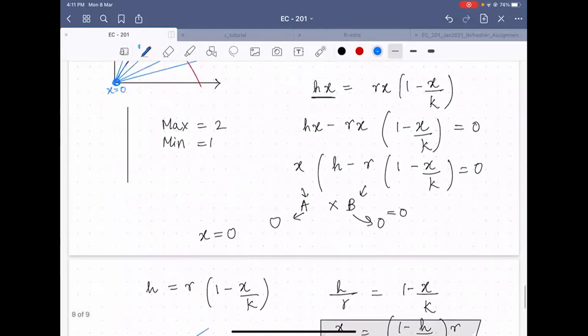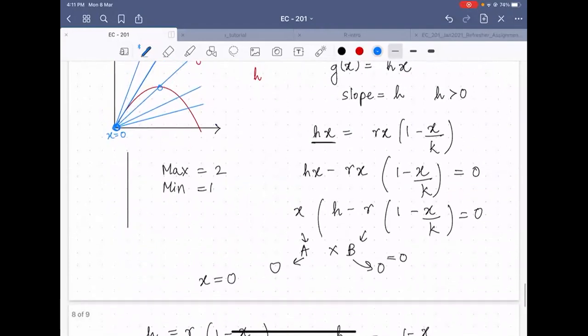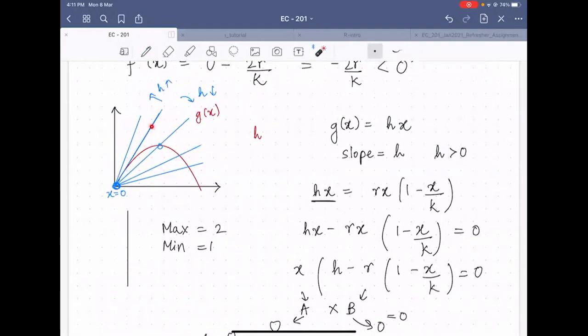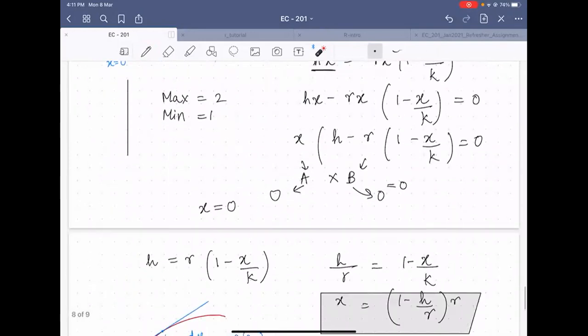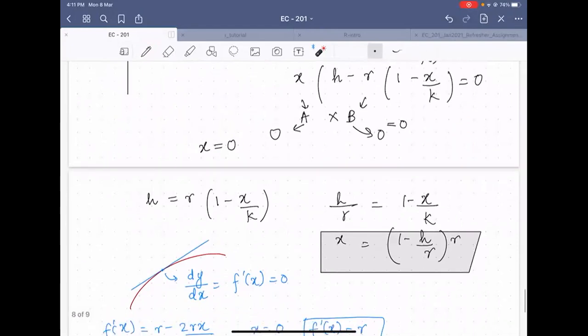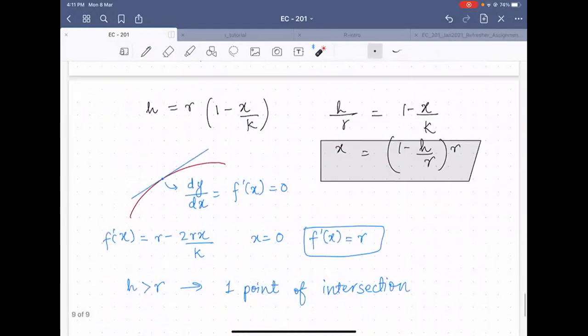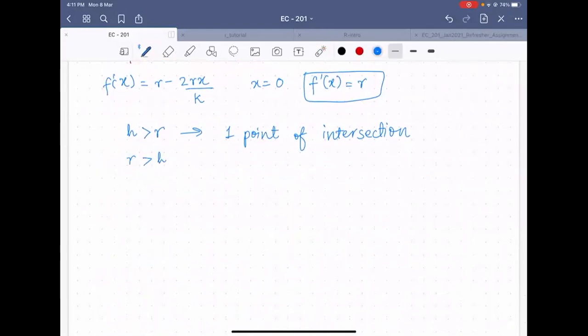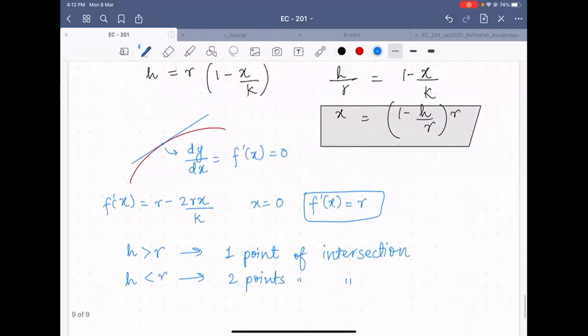And when r is greater than h, or h less than r, we know that we have 2 points of intersection. Is this clear? I hope I didn't rush through the explanation.